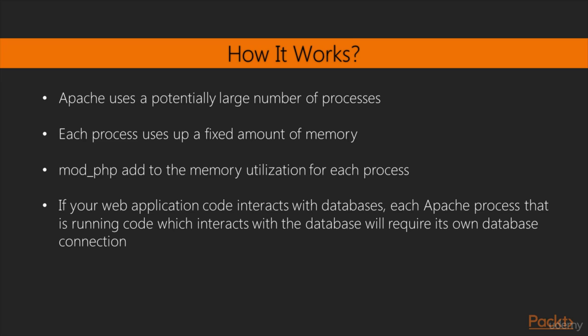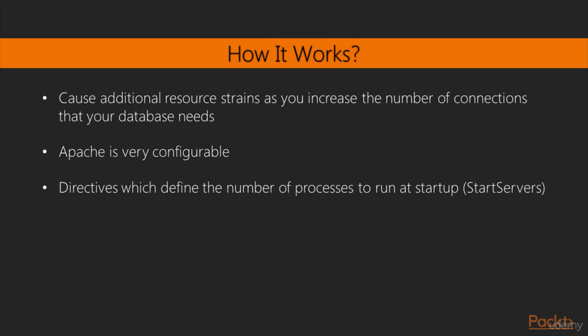Loaded modules such as modern PHP add to the memory utilization for each process, increasing memory consumption further. Additionally, if your web application code interacts with databases, then each Apache process that is running code which interacts with the database will require its own database connection. This can cause additional resource drains as you increase the number of connections that your database needs to deal with.